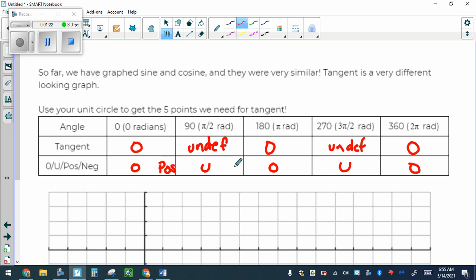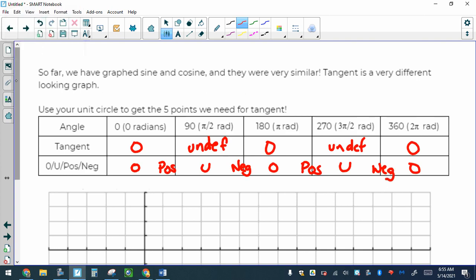Between the undefined and the 0, it goes negative, positive, and then negative. And I promise that is what you get when you start looking at those other tangent functions on the unit circle. We just didn't need to find all of them.